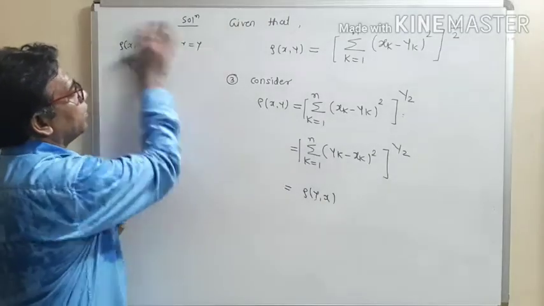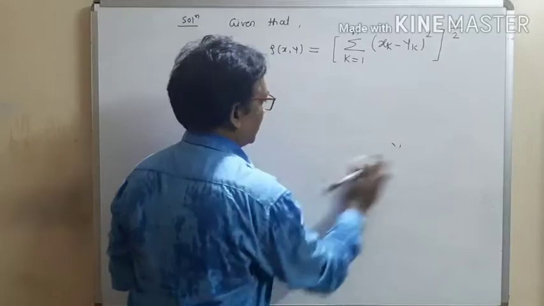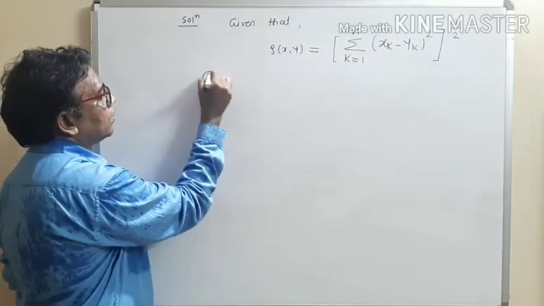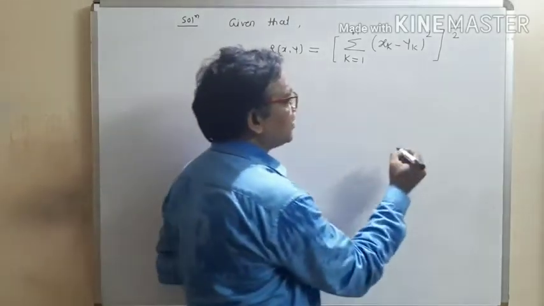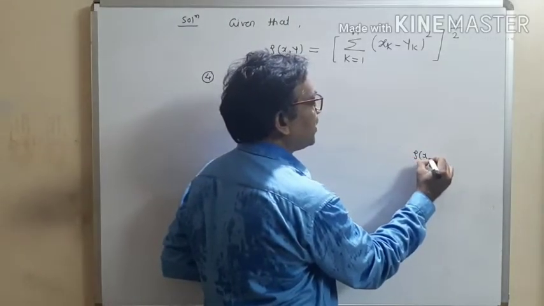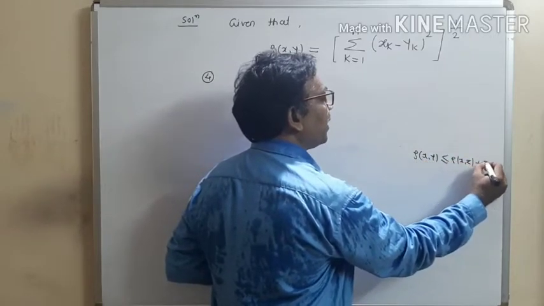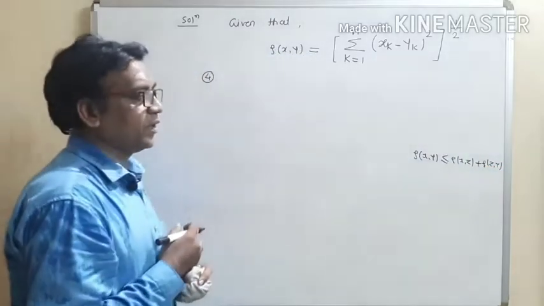So write down number 4. Now what is the fourth property? It is the triangle inequality property, that distance of xy is less than or equal to distance of xz plus distance of zy. This is called the triangle inequality property.